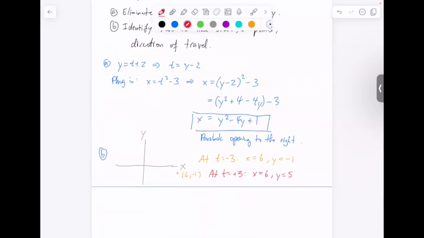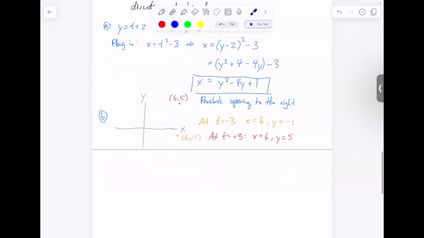So this is at point 6, 5. You start at minus 3 and you go to plus 3, and there's a parabola that looks like this. So roughly speaking, you start here and you end here, right? So it's a parabola that opens something like this, right?